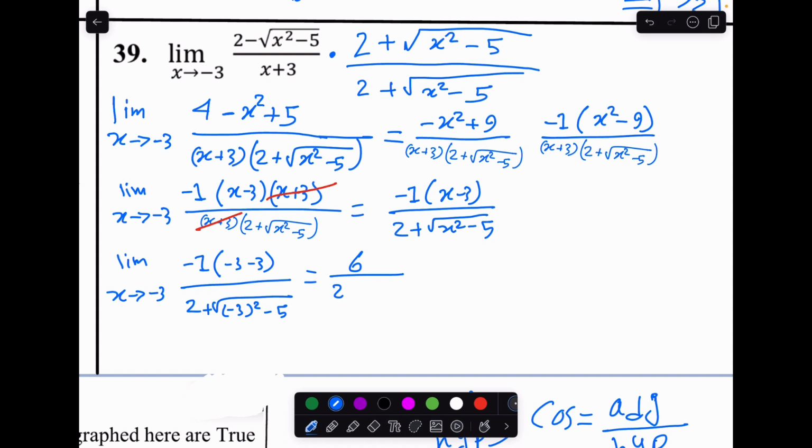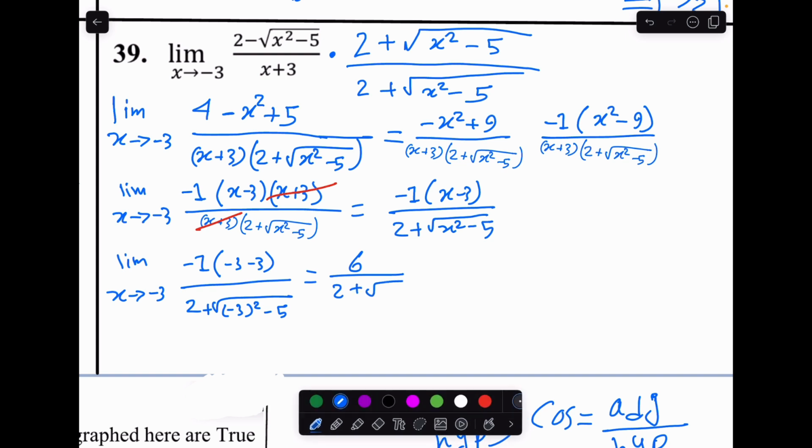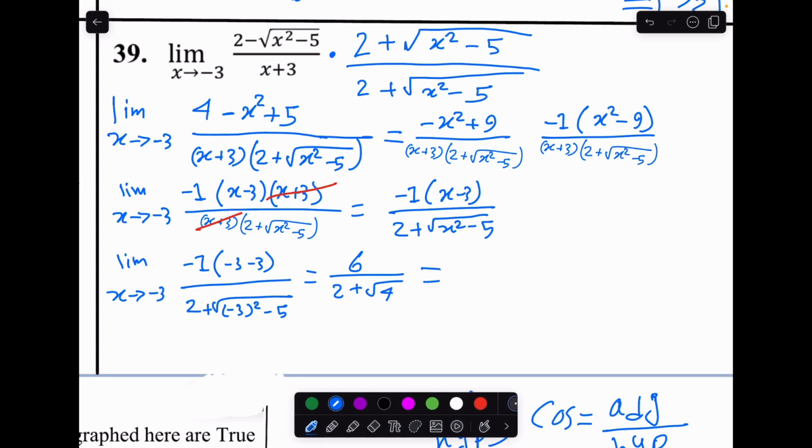So square root of 4, 2 plus square root of 4 is 4. So it will be 6 over 4. We will divide it by 2, and we have 3 over 2.